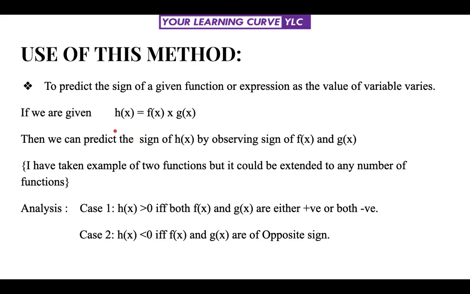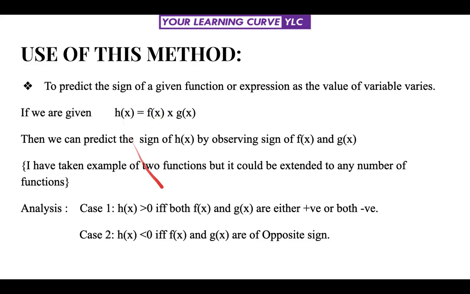functions. Here we say that if h(x) is positive, then f(x) and g(x), which multiply to give the result h(x), must both be positive or both be negative. Because h(x) is a product of these two functions, to have h(x) positive, these two functions must both attain a positive value or both must attain a negative value.